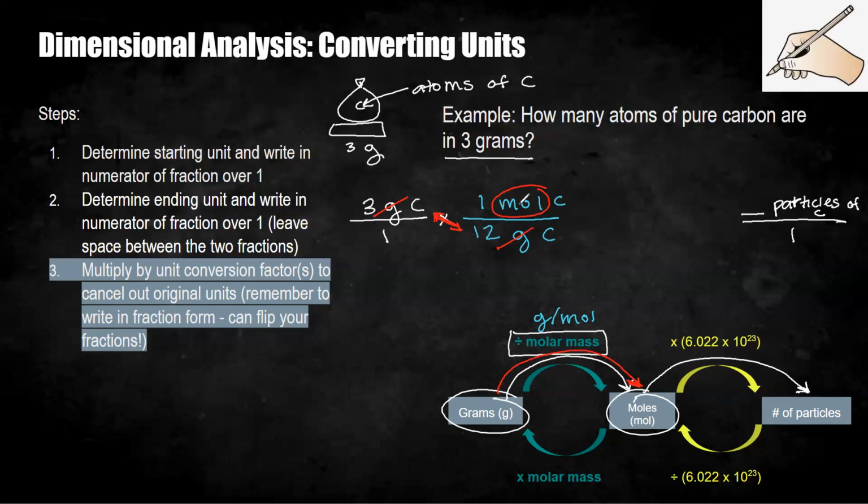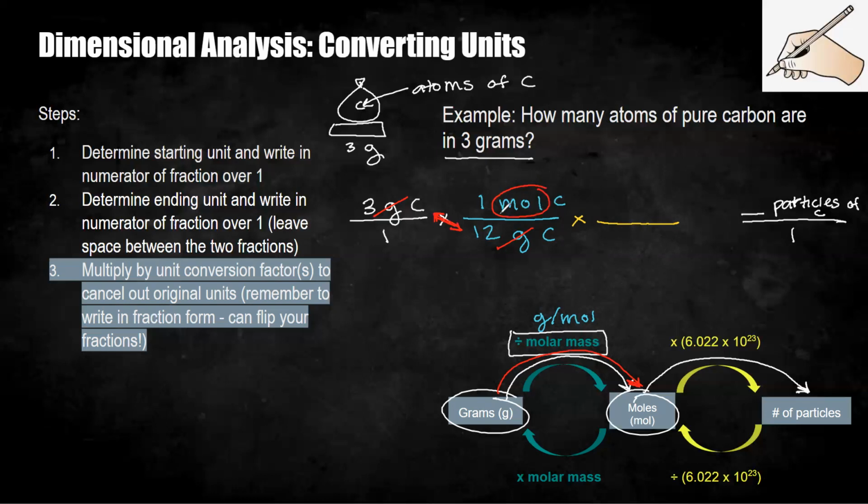Now I'm in units of moles, but I still have to make another jump to particles. So I'm going to multiply by my next unit conversion factor, which is Avogadro's number, in order to make that jump. We know that 1 mole is always going to be equal to 6.022 times 10 to the 23rd particles or units of that thing.